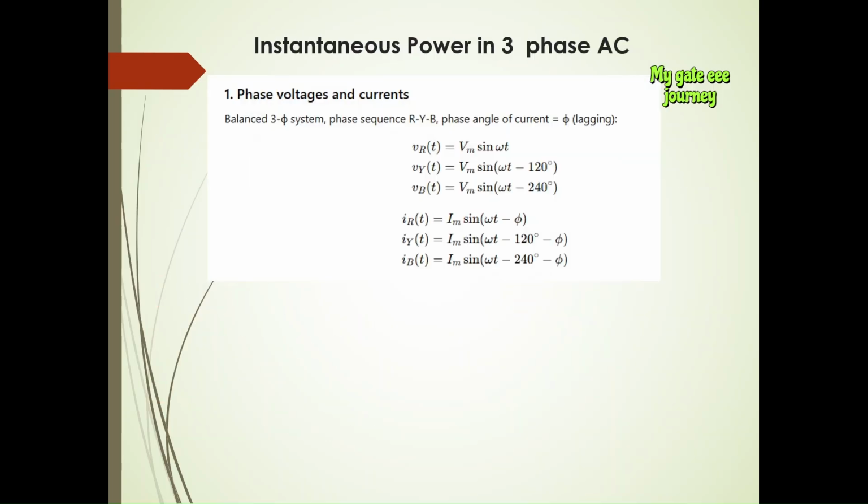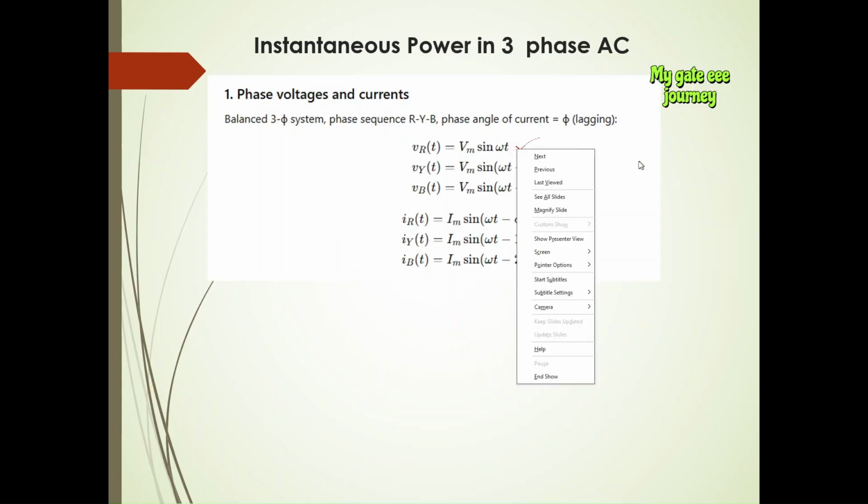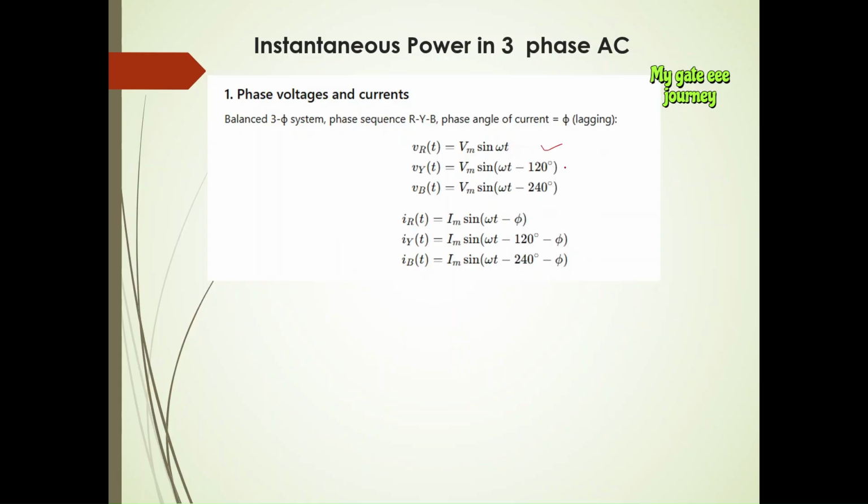Now let us analyze instantaneous power in three phase AC system. For analyzing this, let us consider three phase balanced voltage and currents, and again you consider phi as phase angle of load. We know VR of t is equal to Vm sin omega t.